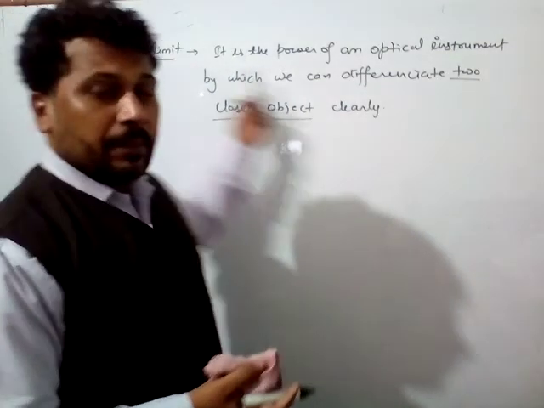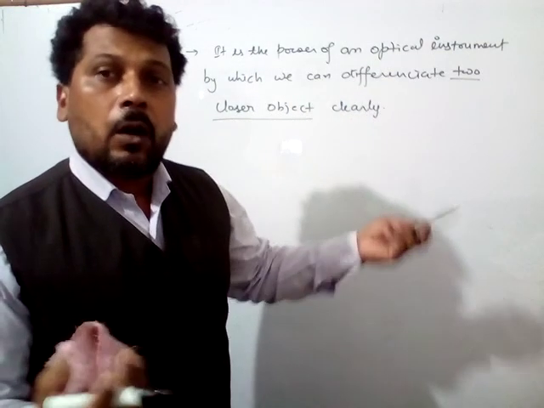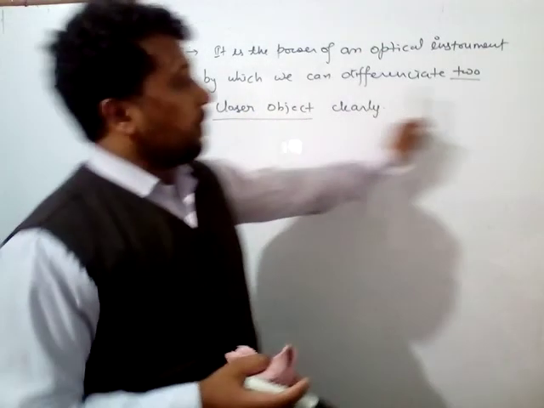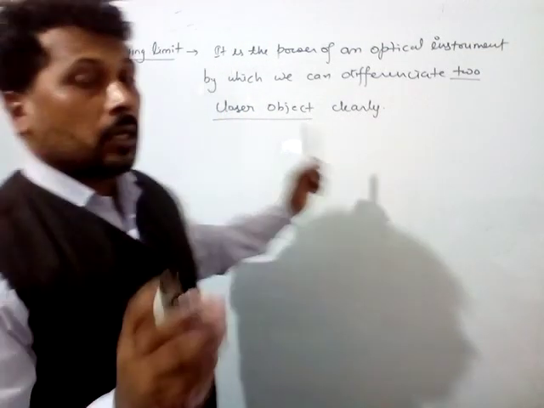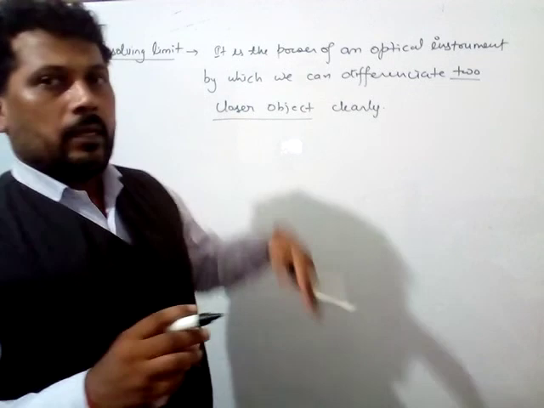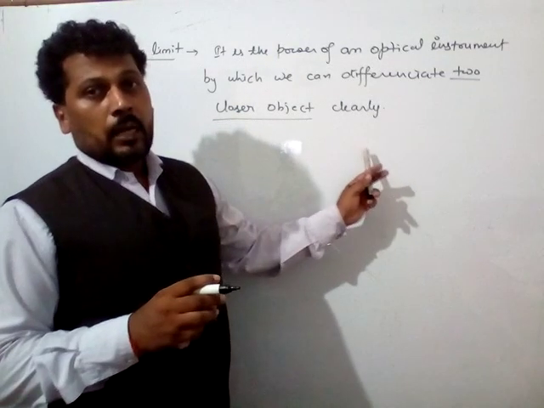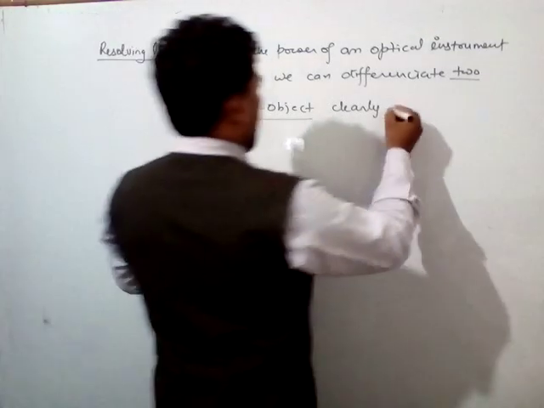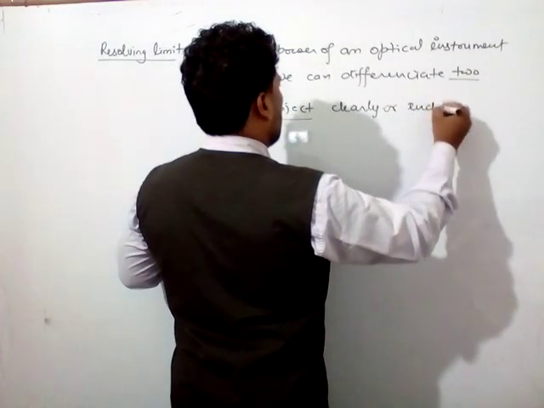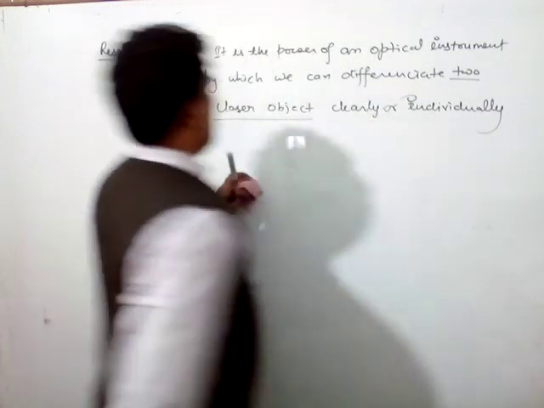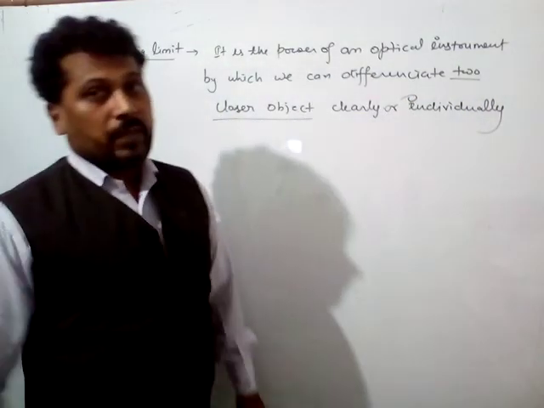So resolving limit is the power of any optical instrument by which we can differentiate two objects or two closure objects individually, clearly, separately.